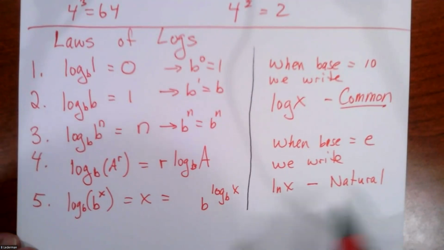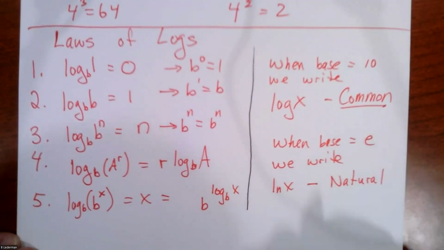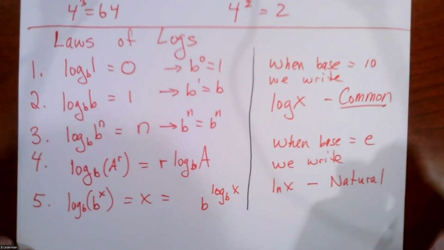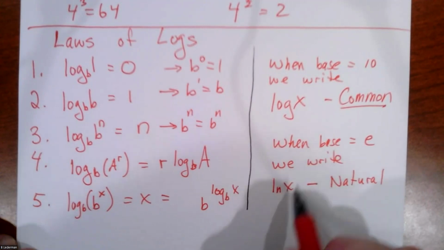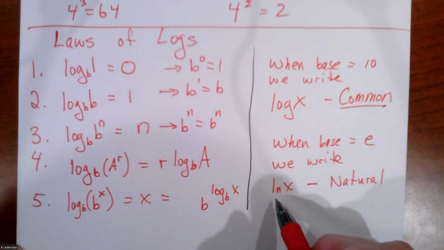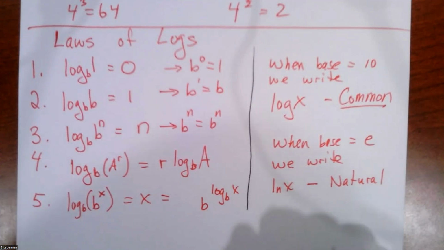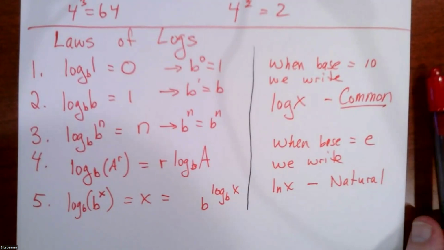So the natural log, we write ln x, and it just means log base e. We can't just write log because we're using that for base 10. So we write ln, natural log. And this is in a nutshell.